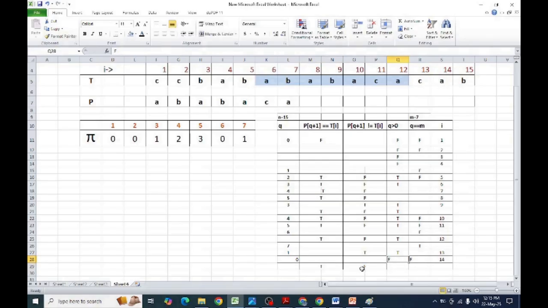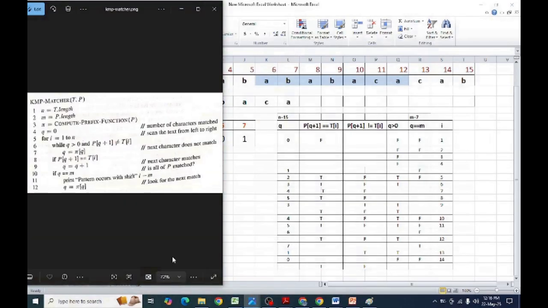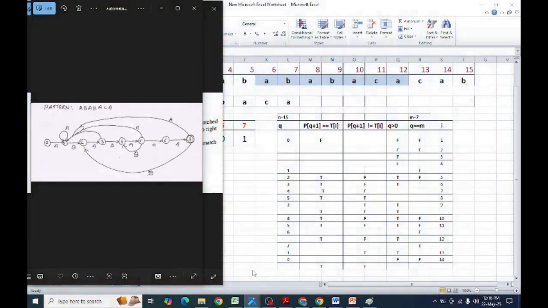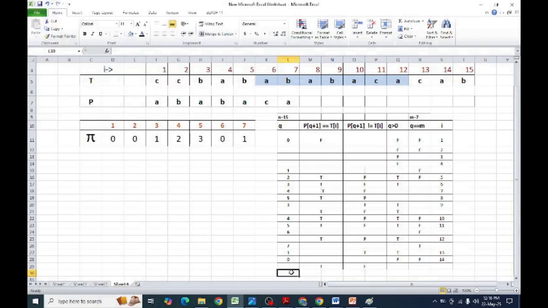So this while loop will not work, and we will be in the if statement. See, there is a match. P of q plus 1, that is P of 1, and T of 14, there is a match. So q will be incremented to 1, that is we have received A, so we can move from 0 to 1. The new value of q will be 1. This way the algorithm proceeds.